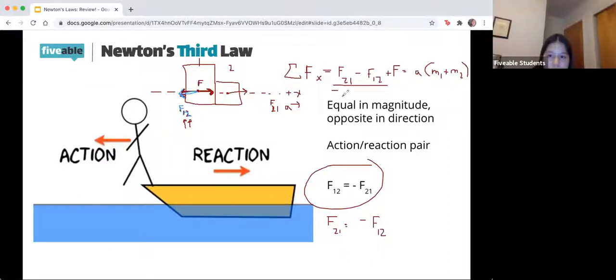Another way of saying that is negative F12 minus F12 plus F, and usually they cancel out. Maybe I set this up wrong, but usually they cancel out easily. So we can use these little relationships to help us with the big questions, when we're working with boxes, boats, things like that. We can use Newton's third law to help us solve these kinds of questions.